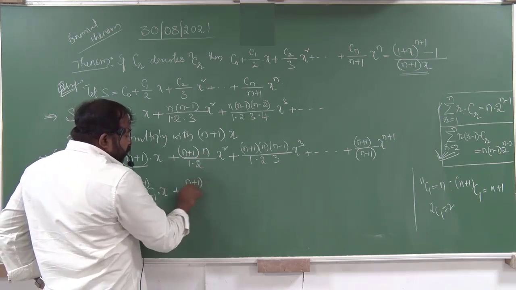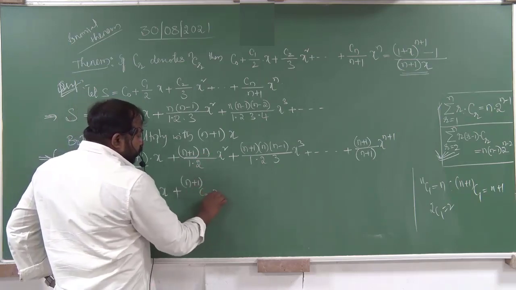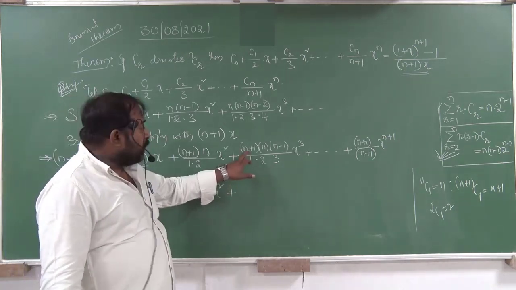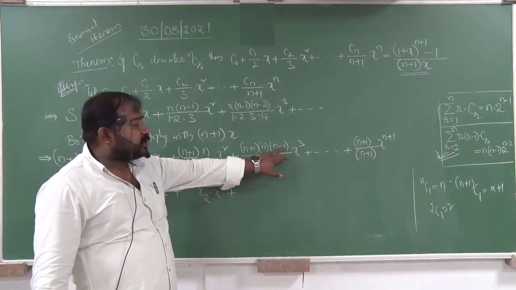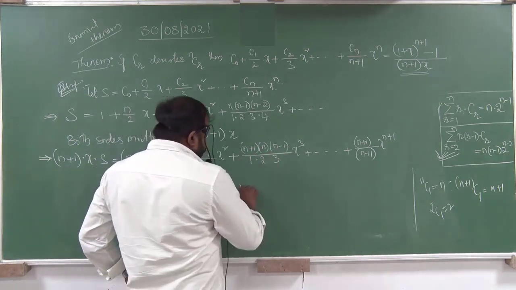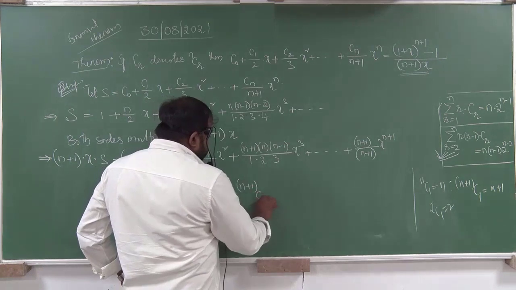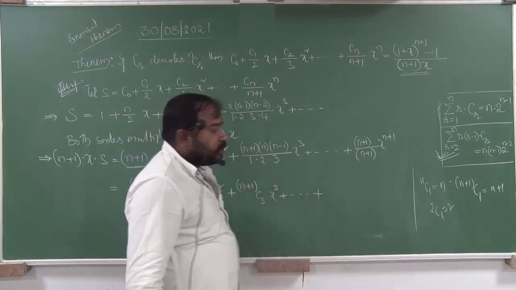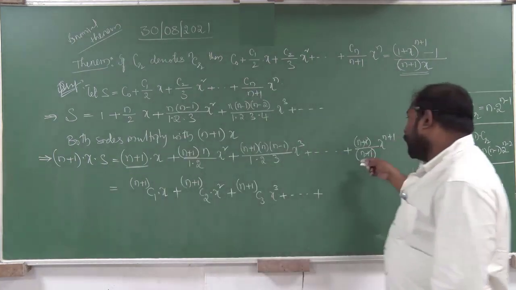So I can write (n plus 1)C2 into x square, plus observe this value. Starting with n plus 1, 3 factors are there, by 3 factorial is there. So how can I write this value? (n plus 1)C3 into x cube. By continuing this process, the last value you will get is 1 only.